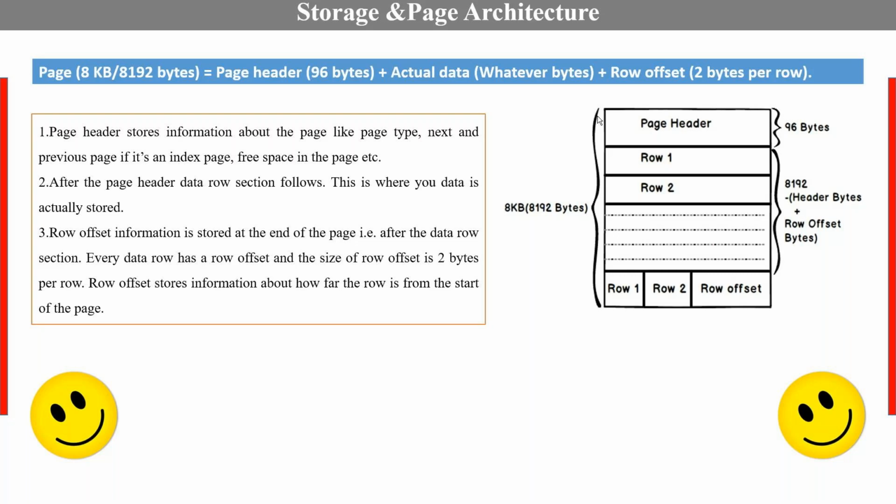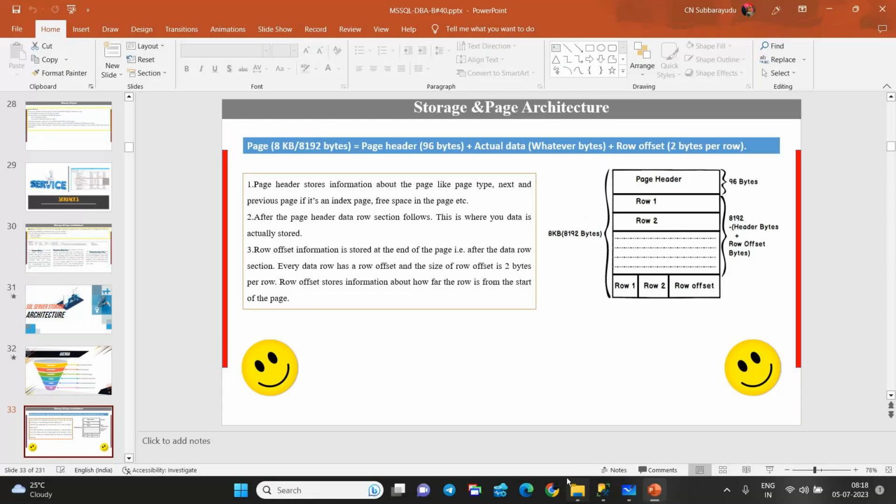So first, instead of going to the slides, let's go here. In simple layman's terms, take whatever data you are trying to insert. For example, you purchased one SIM card, you opened a bank account, you opened a credit card. What kind of information is stored?